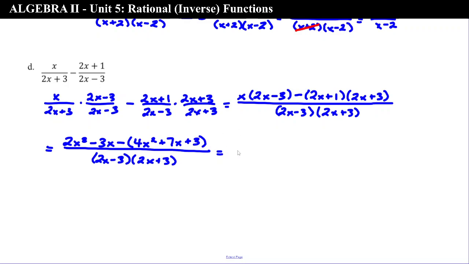All right, we combine our like terms. 2x squared minus 4x squared gives us negative 2x squared. Negative 3x minus 7x gives us negative 10x. And then we have minus 3. And that's all going to be divided by 2x minus 3, 2x plus 3.